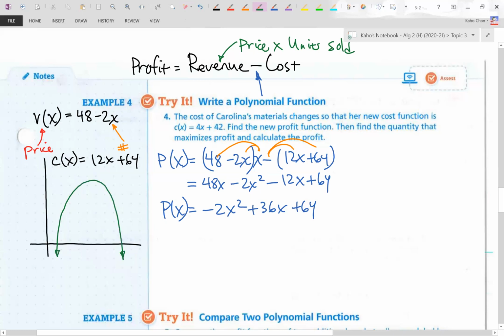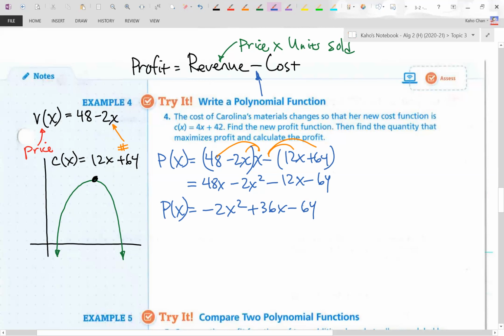Using the graphing calculator's function, I can find the maximum profit. I mean, we can use the formula negative b over 2a, or just use the calculator and let it figure it out for us. I noticed another little boo-boo here. That 64 should be minus 64. Sorry about that.